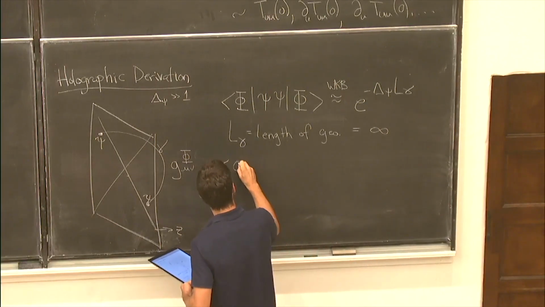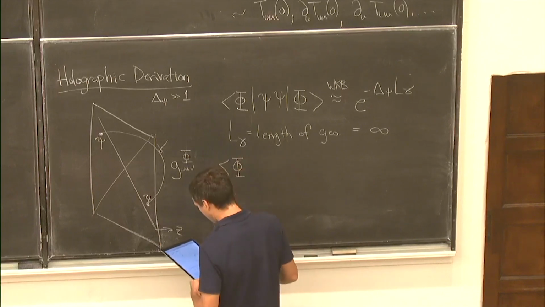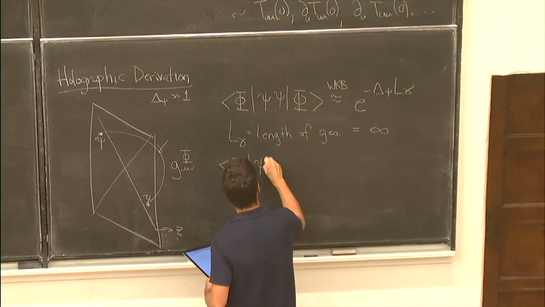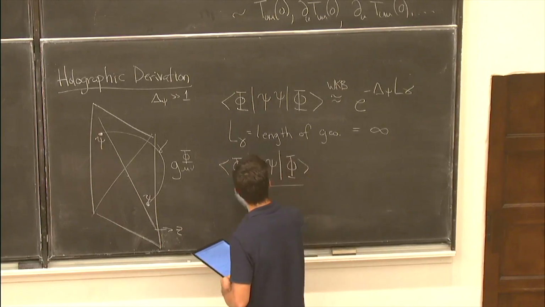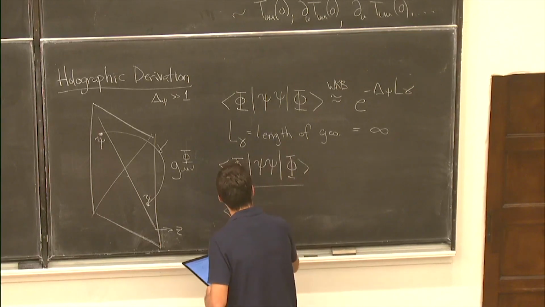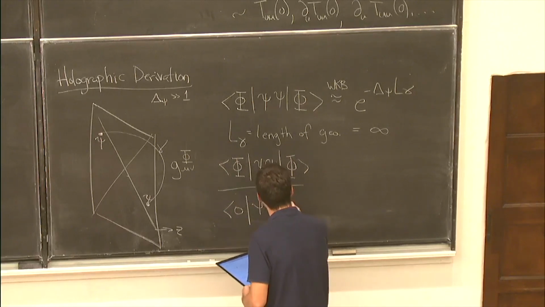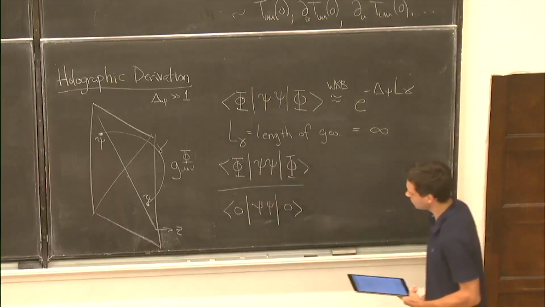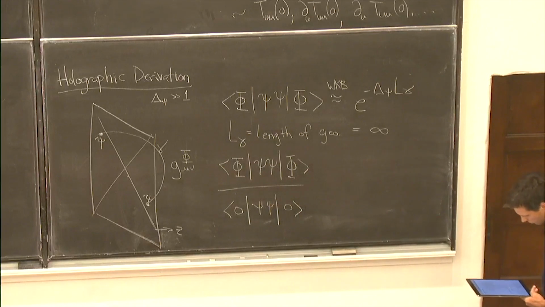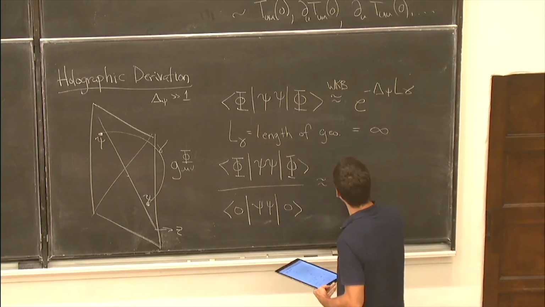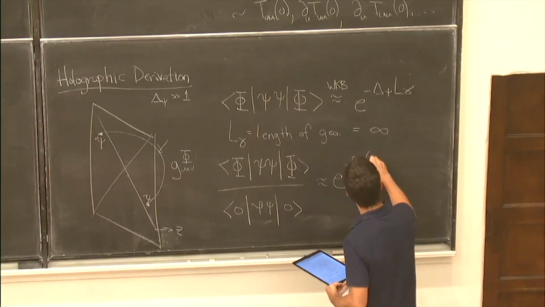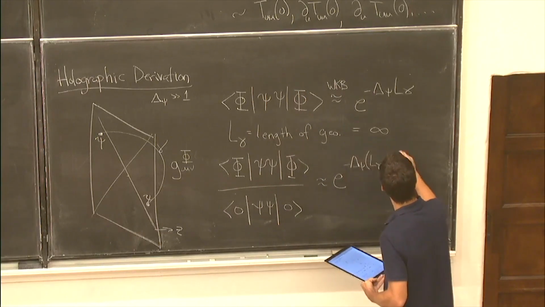And the way to deal with it is just to subtract out the vacuum contribution. So instead, I'm going to calculate the ratio of this two-point function to the two-point function in vacuum, which in WKB is just e to the minus delta psi times (L gamma minus L gamma vac).